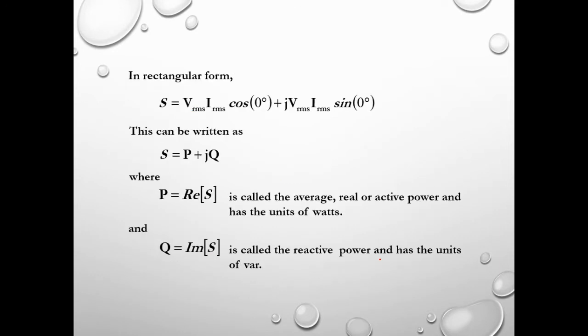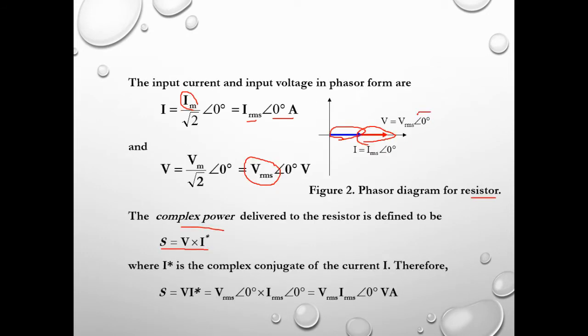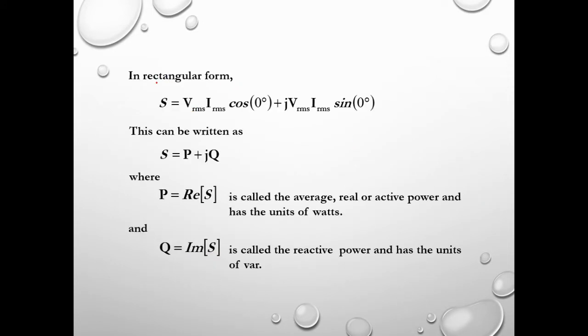Capacitor or inductor. In rectangular form, S equal to V RMS I RMS cos theta, cos 0, plus j V RMS I RMS sine 0, since we have 0 angle over here. Once we convert into rectangular form, we get the real value with cos theta and the imaginary value with sine theta.